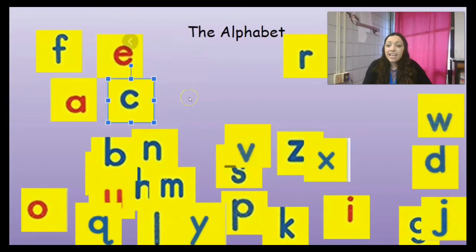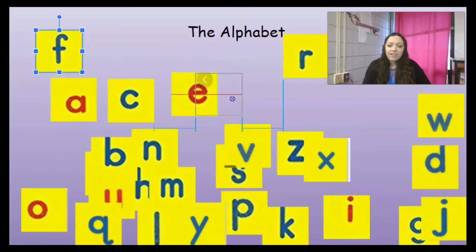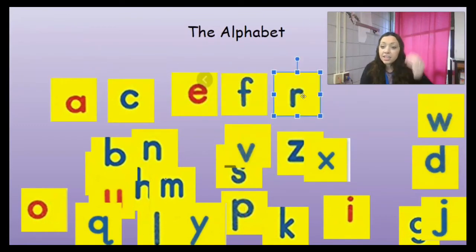I don't have D, and then E, because C is before E, a couple letters in the alphabet. So after E would be F, very good. And then our next letter would have to be R because we know it has to come after F. All right, so if I had these letters and wanted to alphabetize them, it would be A, C, E, F, R. Awesome job, guys. We're going to be practicing doing that a lot this year.